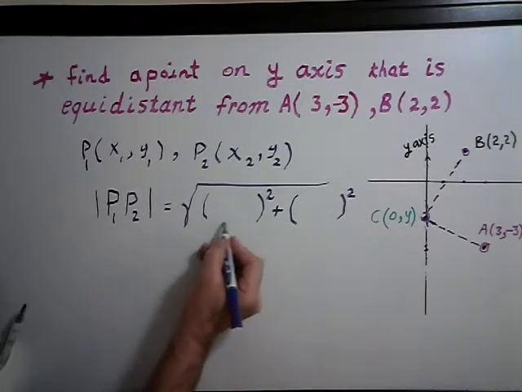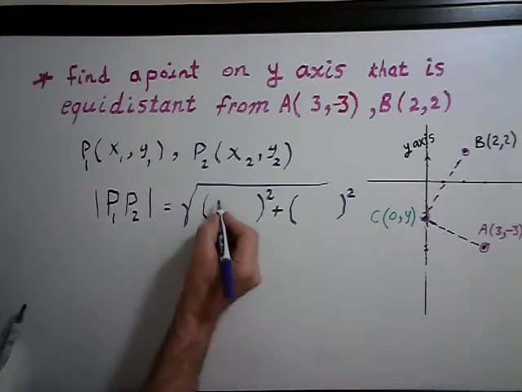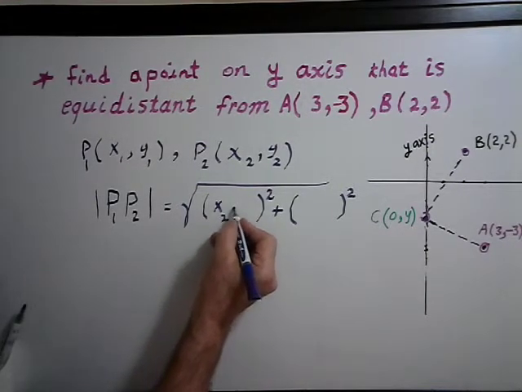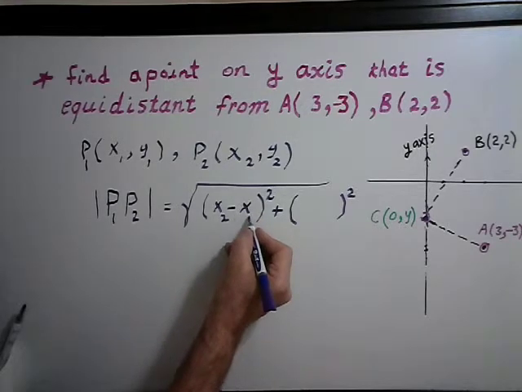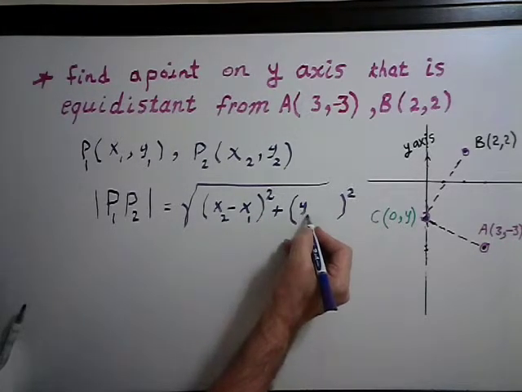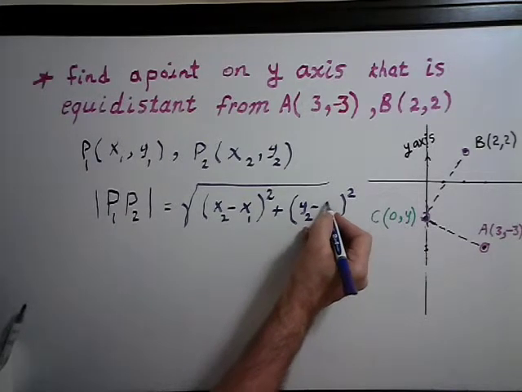What is inside these two brackets? It's x2 minus x1, and here y2 minus y1.